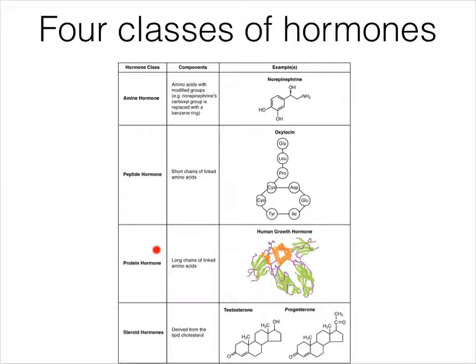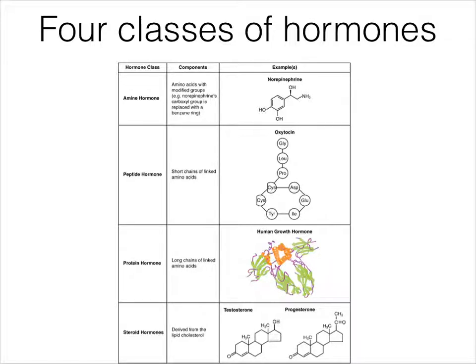So protein hormones. You might ask, what's the difference between a peptide and a protein? Because they're both basically amino acids linked in a chain. And there are lots of answers to that question, none of them very good. But the main one is that proteins are bigger, and proteins have structure, right?